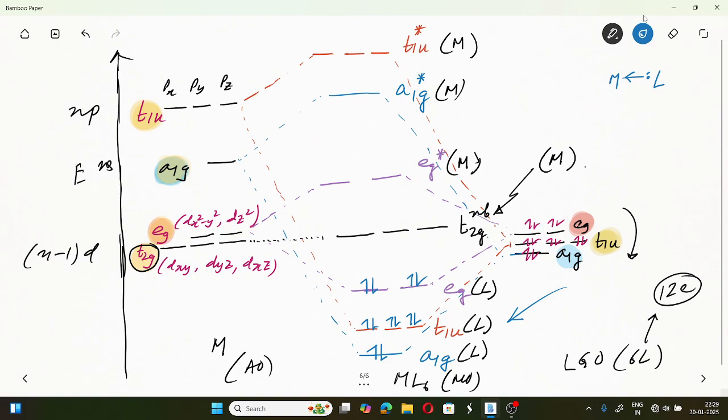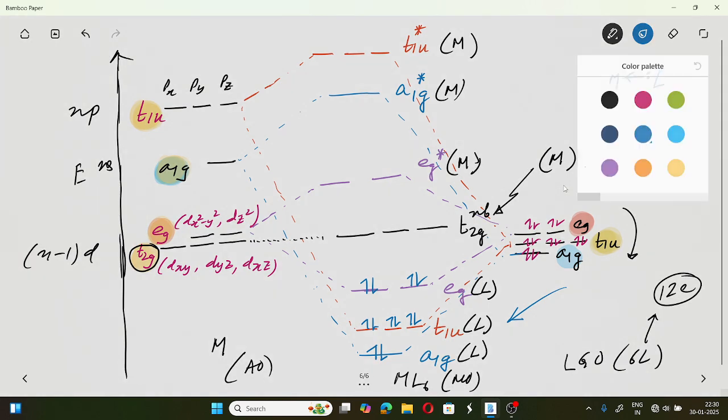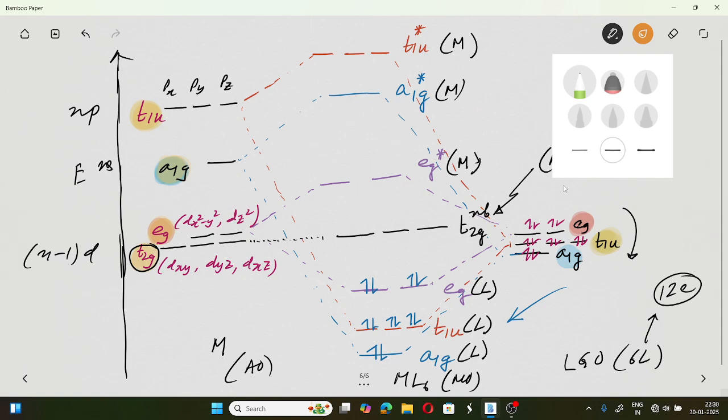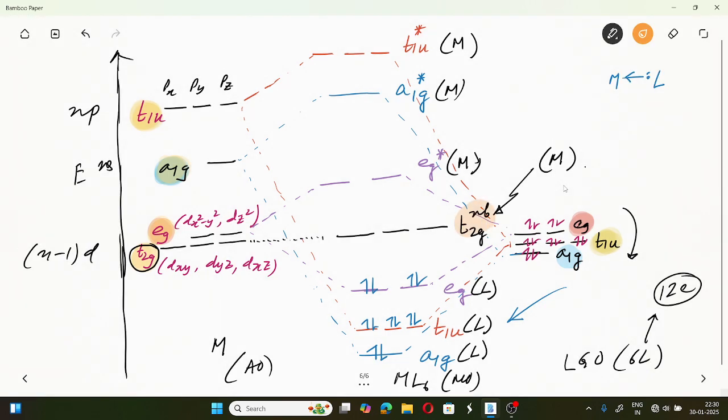Now if you look at this gap, this orbital is non-bonding. So this is T2G non-bonding and EG star anti-bonding orbital. Both are of metal character.